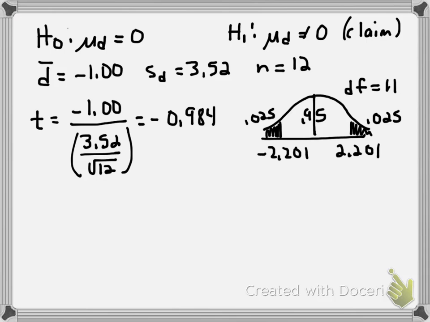The test statistic of negative 0.984 is between the critical values and not in either critical region. Therefore, we fail to reject the null hypothesis.